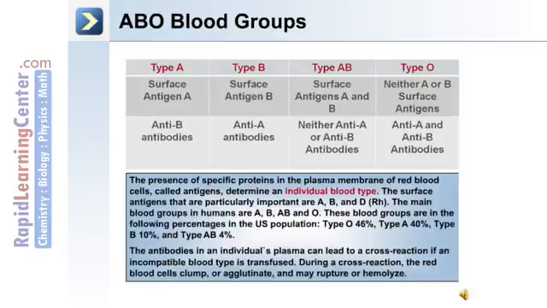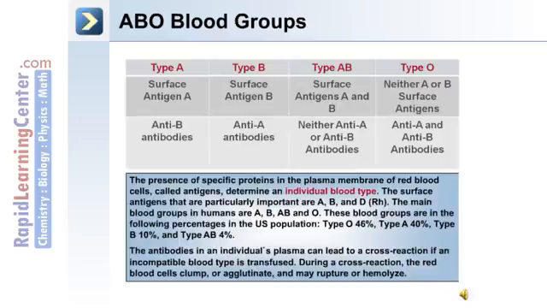The types are type A, type B, type AB, and type O. The surface antigens that are particularly important are the ABO/Rh antigens. These blood groups are in the following percentages in the U.S. population. Type O represents 46%, type A 40%, type B 10%, and type AB 4%.